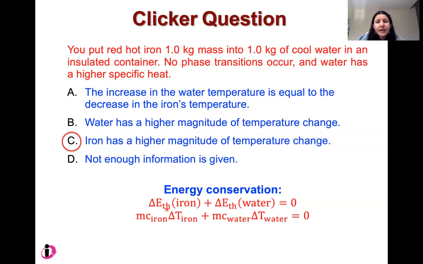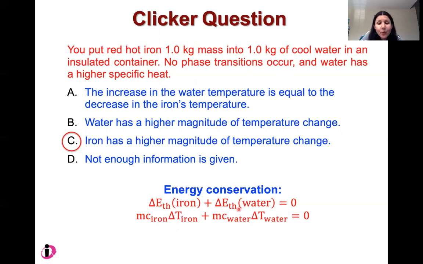So if we take our energy conservation equation to the next step, where we now describe our change in thermal energy in terms of the mass and specific heats. Remember here, the masses are equal. I did that on purpose because when you have equal masses, you don't need to worry about the effect of mass. The only concern is the effect of the specific heat.